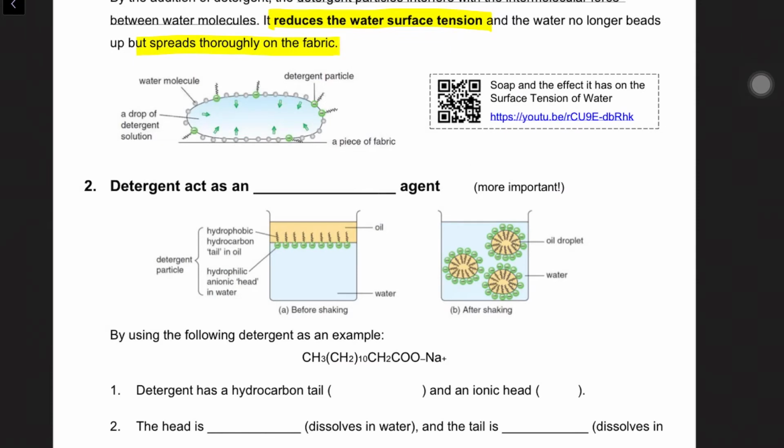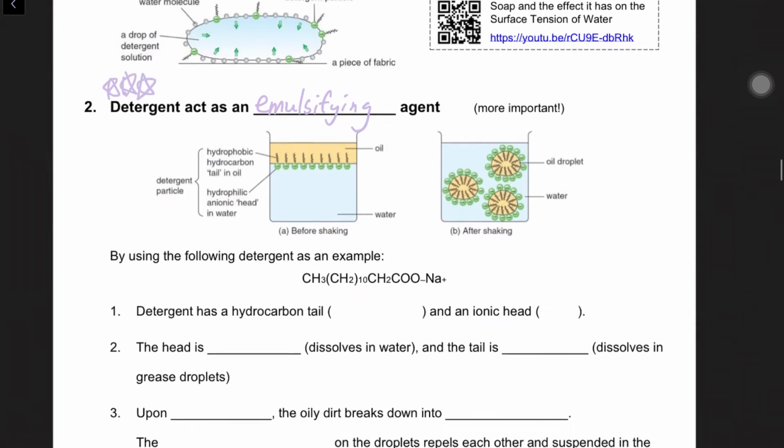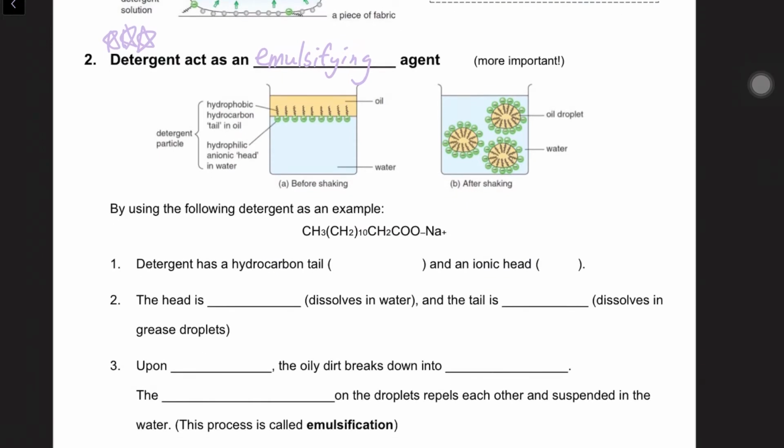The second one is that the detergent acts as an emulsifying agent. Now this is more important, so please highlight this. Now let's study the following case. Without any detergent, oil and water cannot mix together. They will separate into two layers. I think we are familiar with that already.